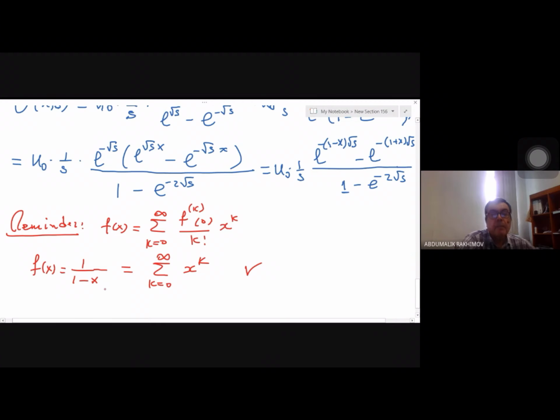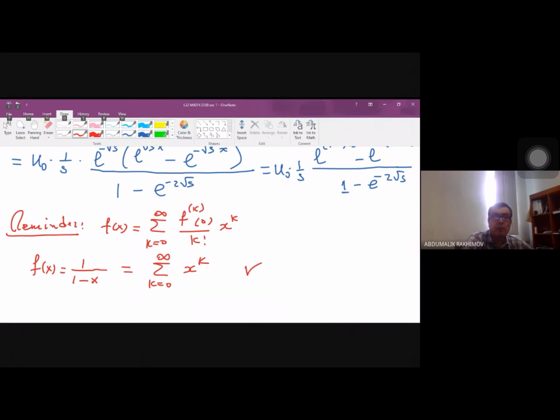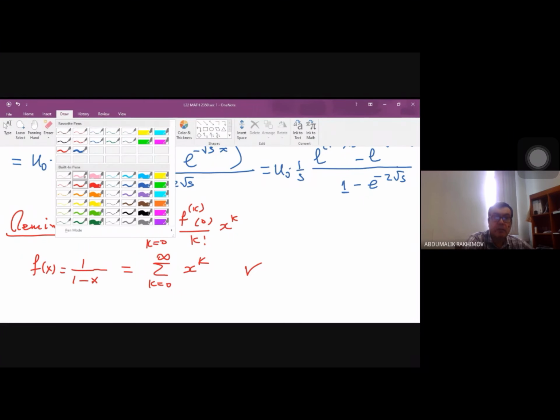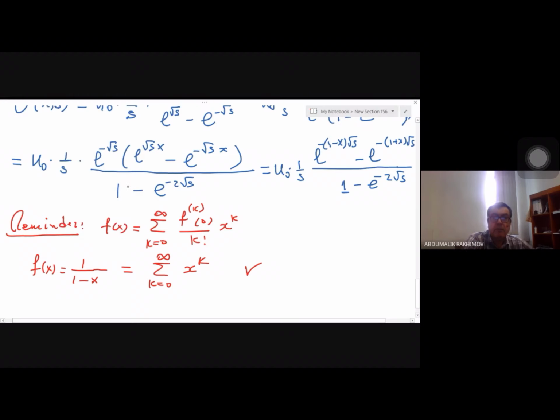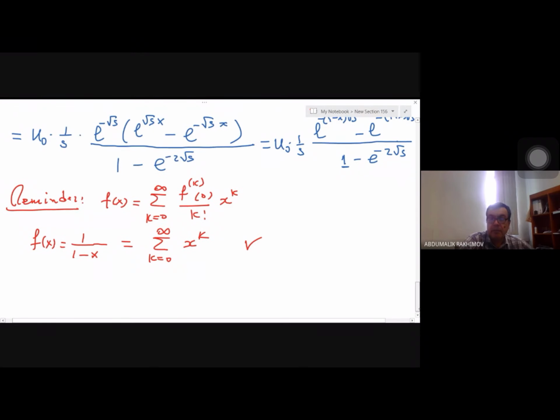Then I will use this formula, this Maclaurin series, for the function. Now I will replace x with this.